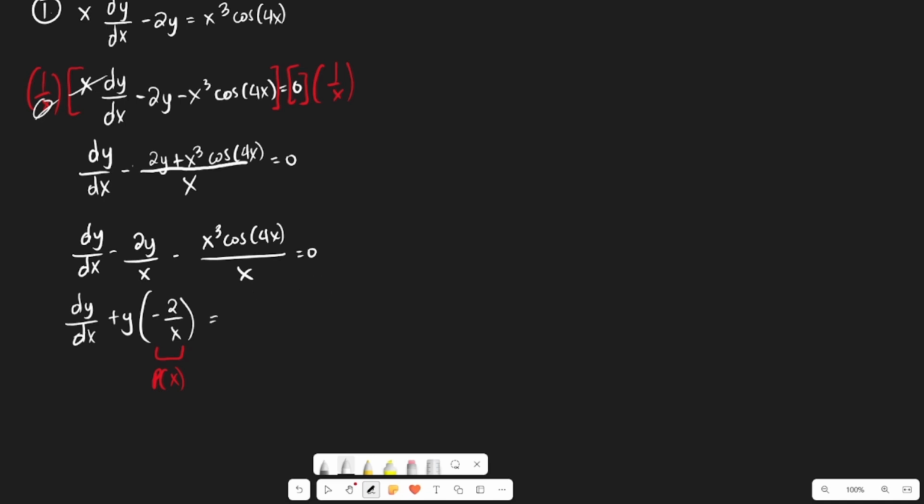So we're going to have x cubed cosine 4x over x. Now this is q of x. So now we have the standard form for the FOLDE in y.